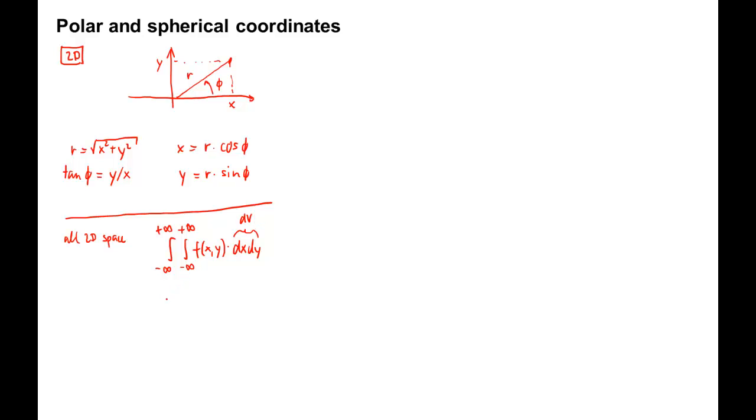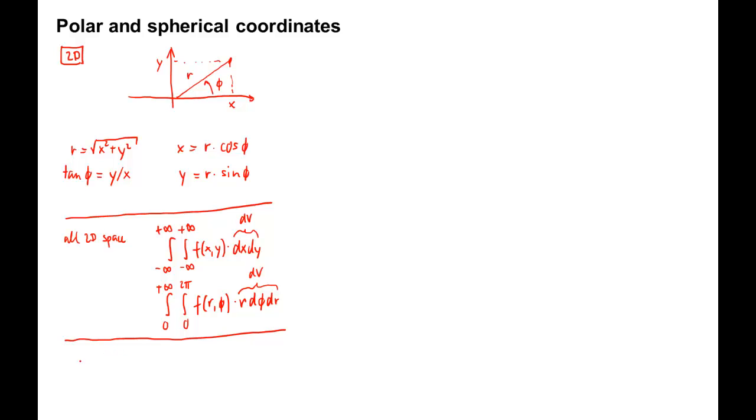In polar coordinates, this is the integral from 0 to positive infinity, and the integral from 0 to 2 pi of whatever function is given as a function of r and phi times r d phi dr, with the volume element dv. The first integration goes from 0 to plus infinity for r, and the second goes from 0 to 2 pi for phi.